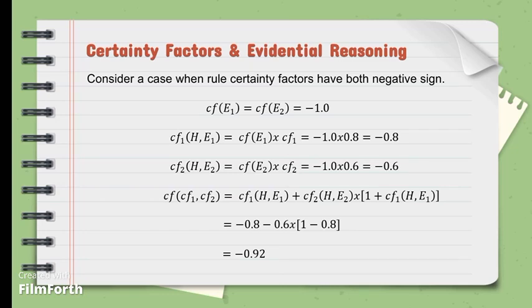So in this case, the third equation of combined certainty factor is used because both evidence of rule number 1 and 2 are less than 0. So the combined certainty factor of rule number 1 and 2 is negative 0.92.